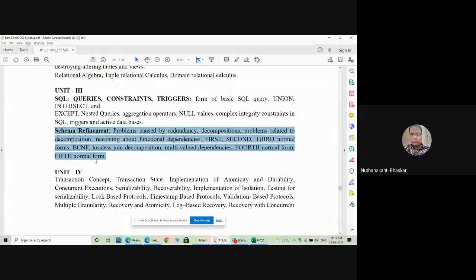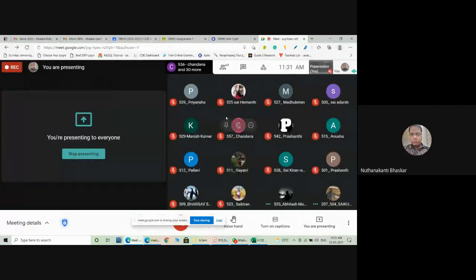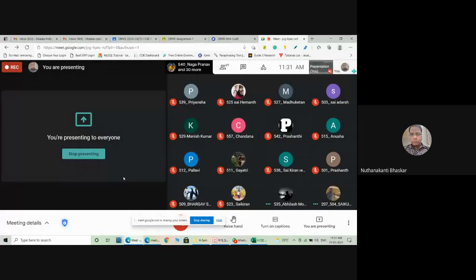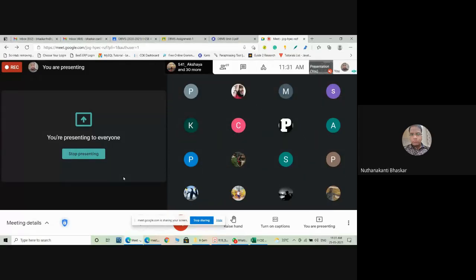Right. Now, coming to schema refinement. Here, what is the meaning of refinement? Can anyone tell me the English meaning? Any one of you? I'm asking for a very simple synonym of refinement. You can even search on Google. I think all of you are from an English background.